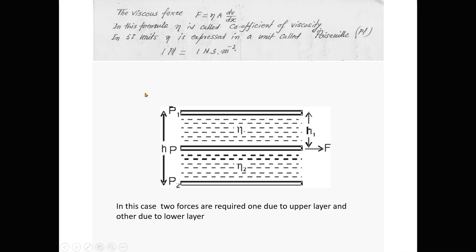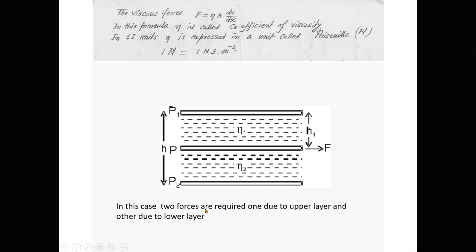The complicated problem is like this. This is the plate, and the plate is being drawn along this direction with a force F. There are two types of liquids, one of coefficient of viscosity eta 1 and the other of eta 2. The distance between the two extremities is h. The upper half may be h1, the lower half may be h2 or anything like that.